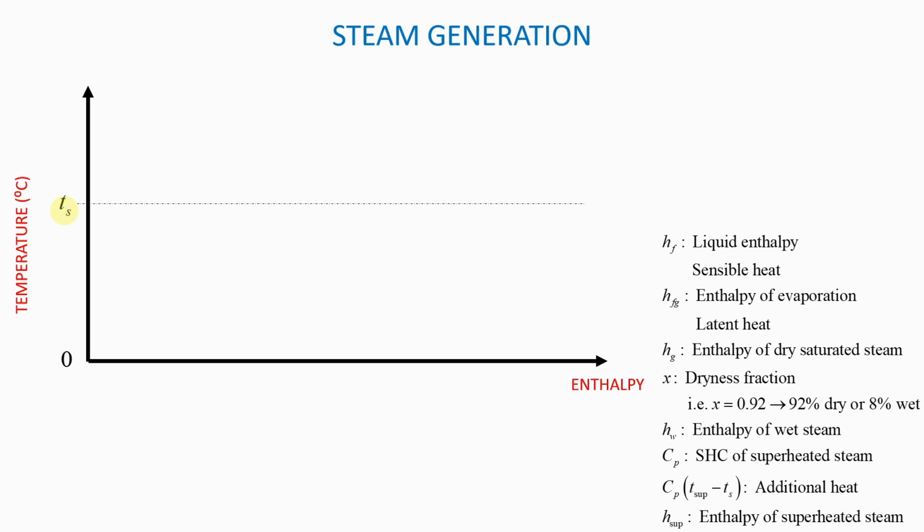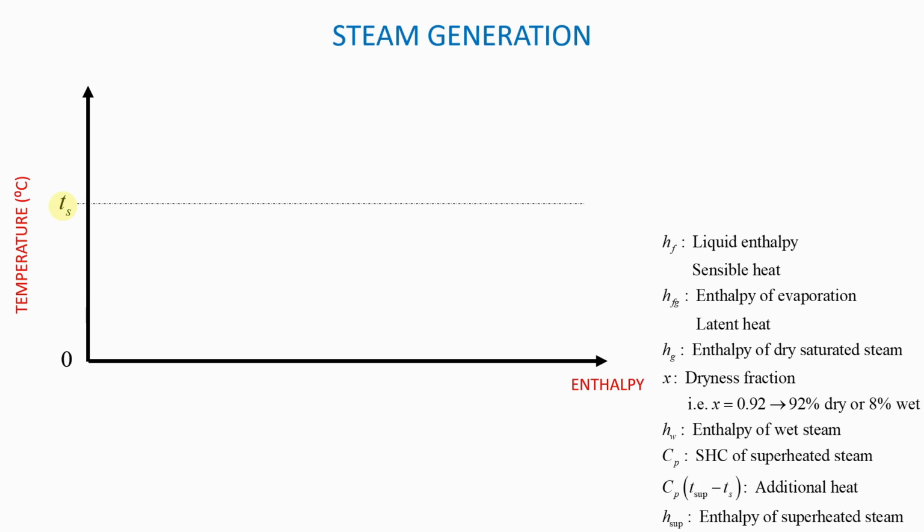And so for me to be safe, that is why the boiling temperature, I'm just going to call it TS, which is also the saturation temperature. Okay, it's one and the same thing. I'm not going to say 100 because, as I explained, water does not always boil at 100 degrees. It boils at 100 degrees if the pressure that you have is atmospheric pressure.